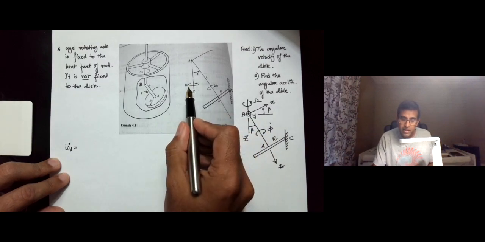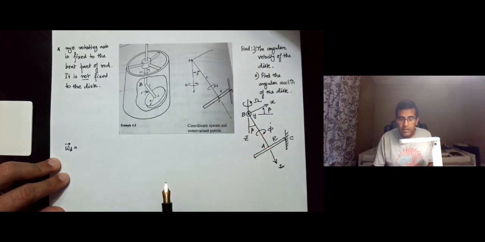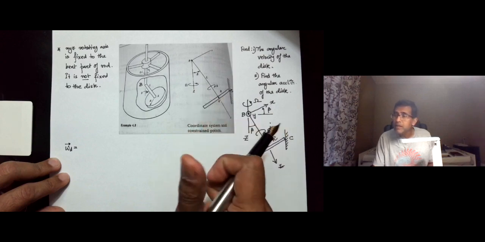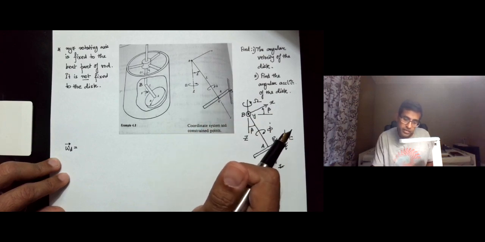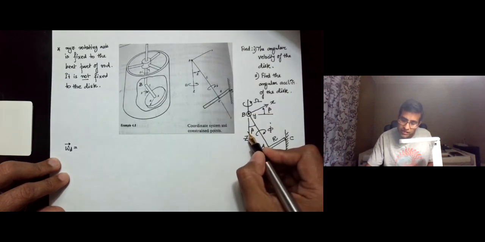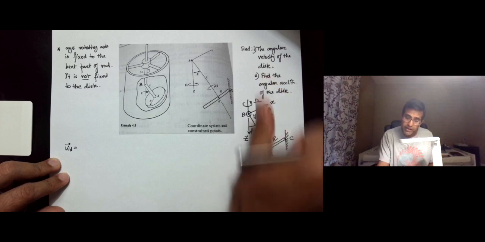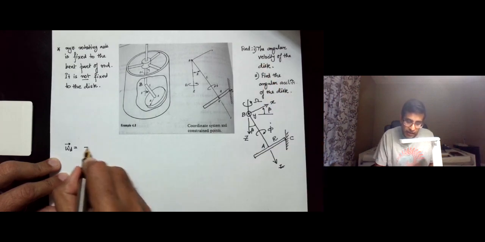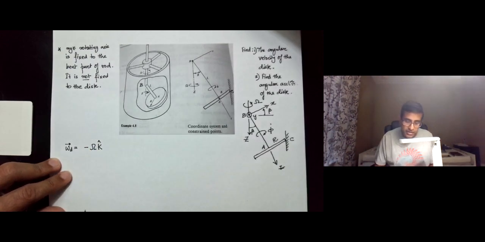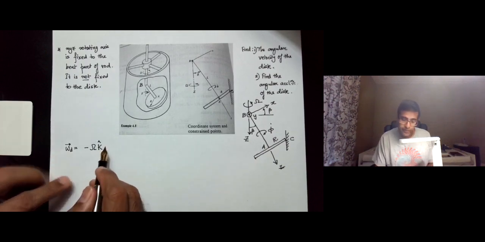One is the fact that the vertical part of the rod is turning with an angular velocity of capital omega, in the opposite direction to positive capital Z. So you have negative capital omega, capital K.